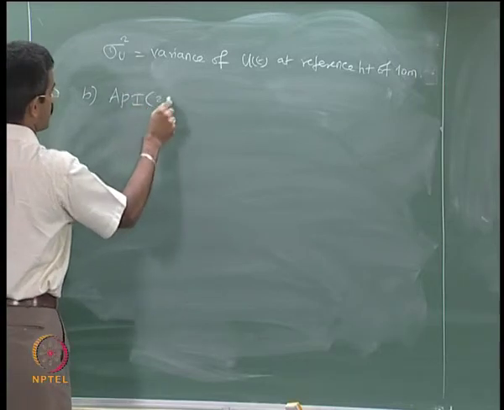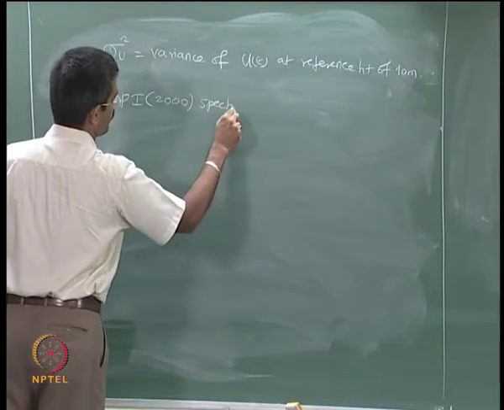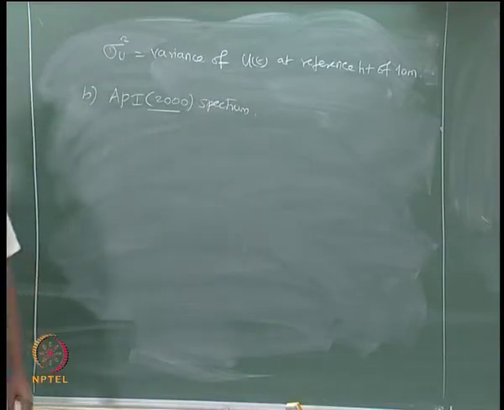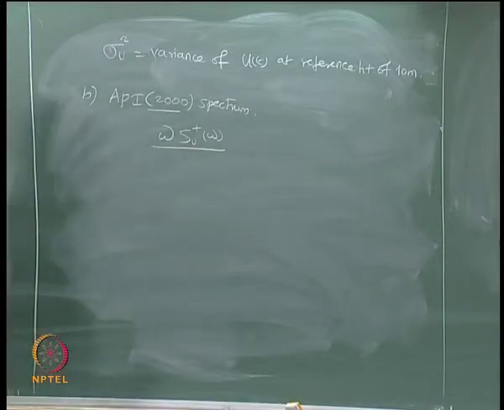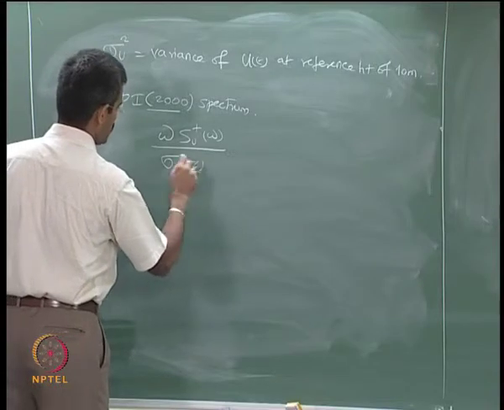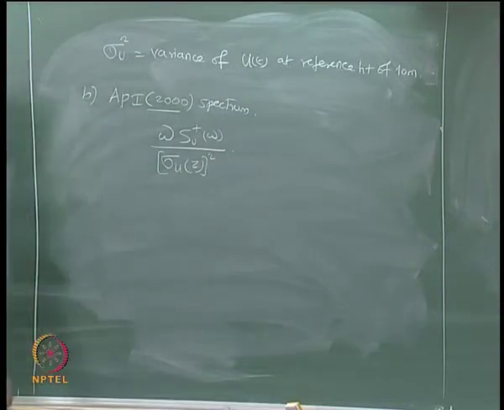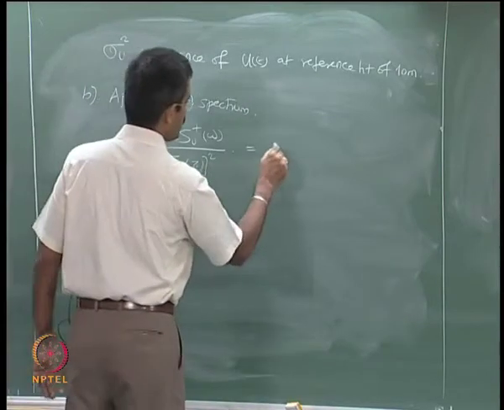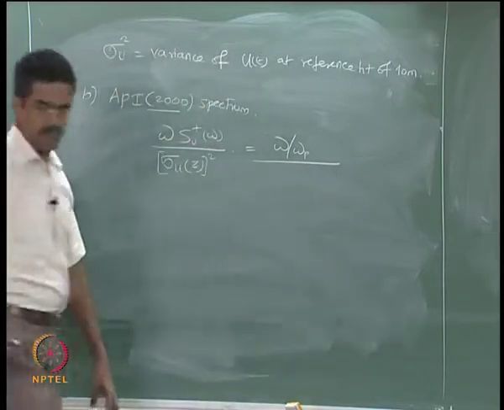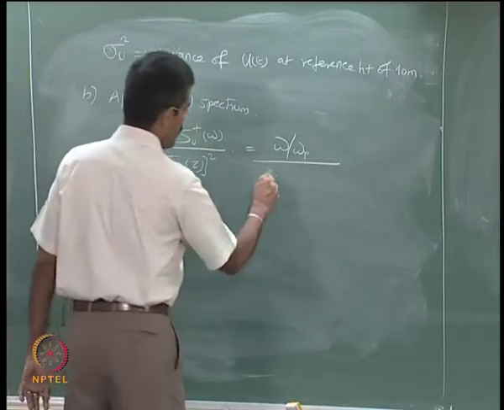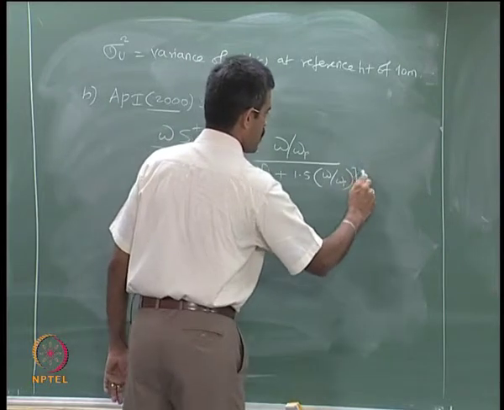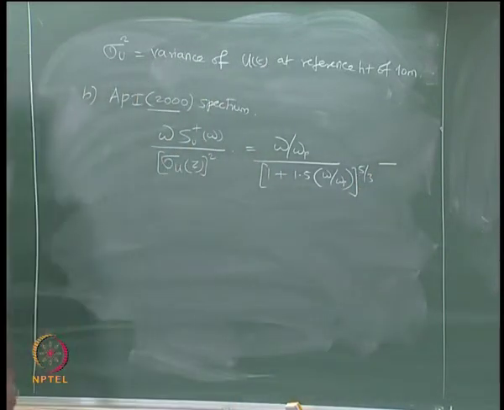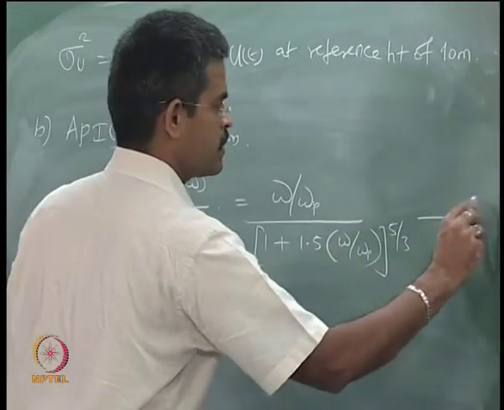I call this the API 2000 spectrum. Equation number 6.